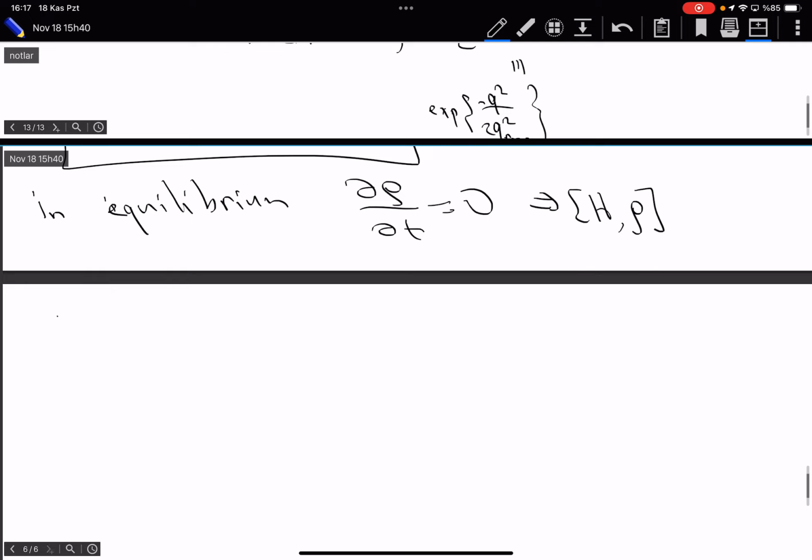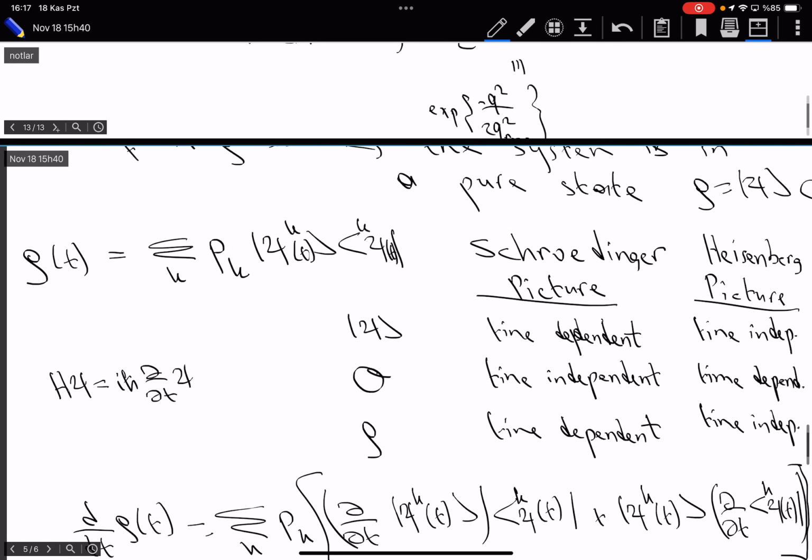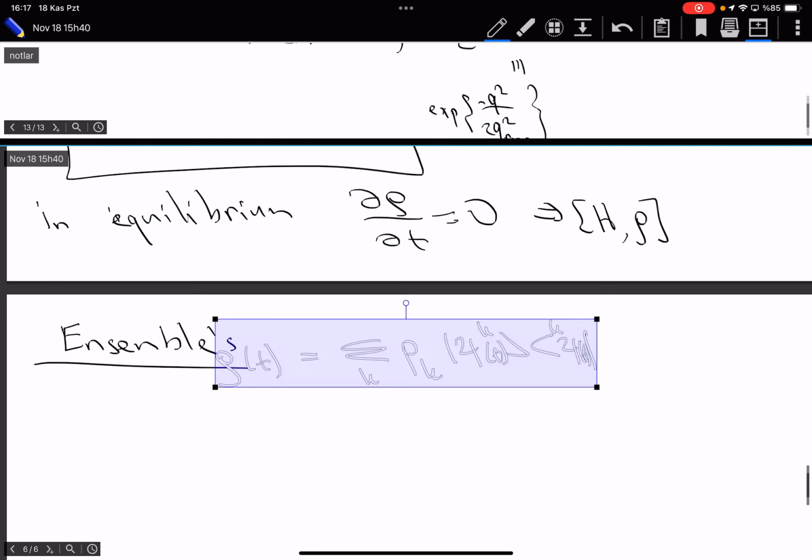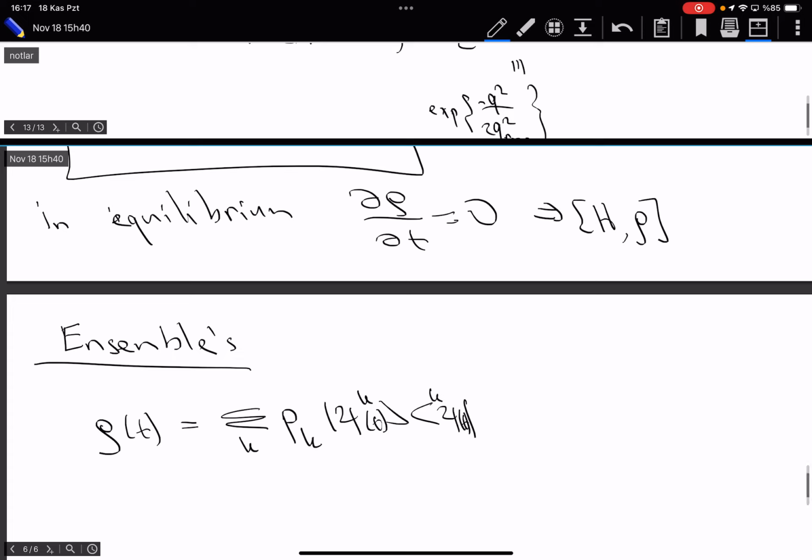Now, what is the ensemble theory here? We have already started doing the ensembles. What do we do in the ensembles? We just make copies of the same system. Many copies. If you pick one randomly, there will be a finite probability that it will be in the state psi_k. So these are the probabilities p_k of the state psi_k.